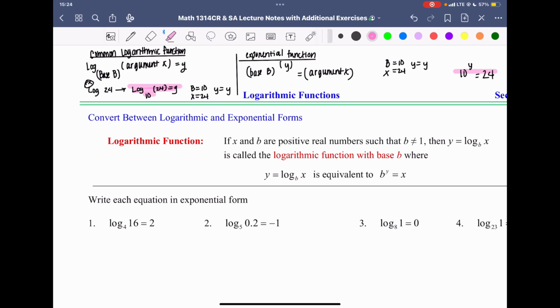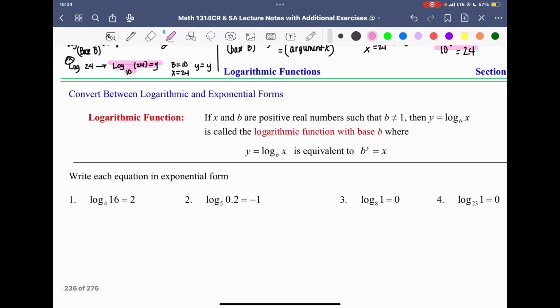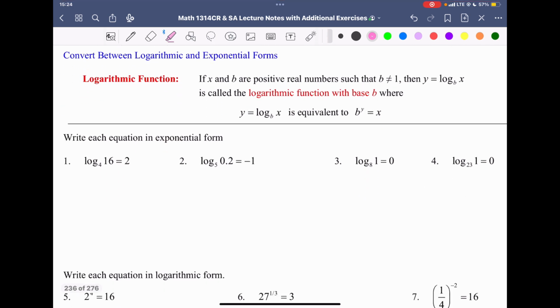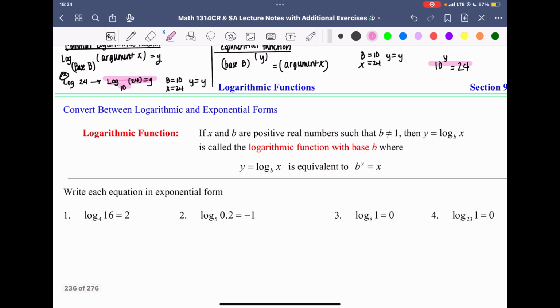So when we're solving this, let's read the instructions. Again, this is 9.3. It says, write each equation in exponential form. We're going to do that with numbers 1 through 4.